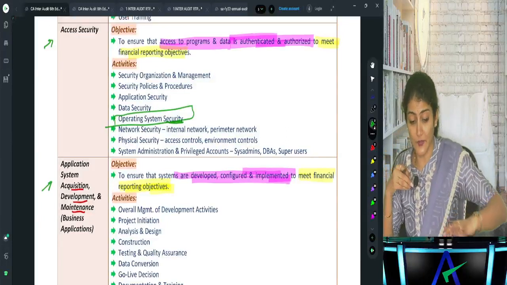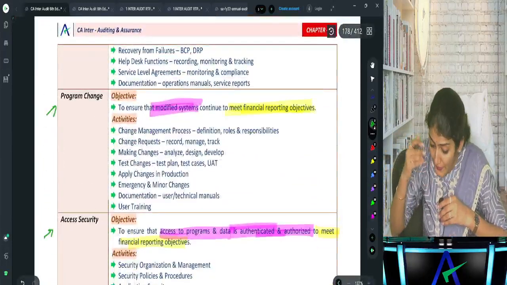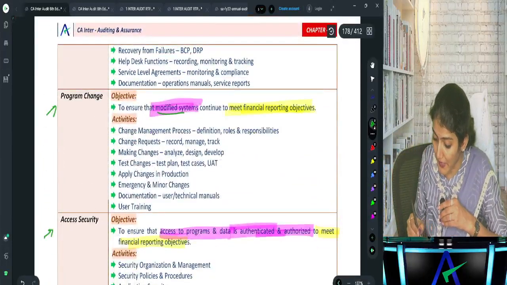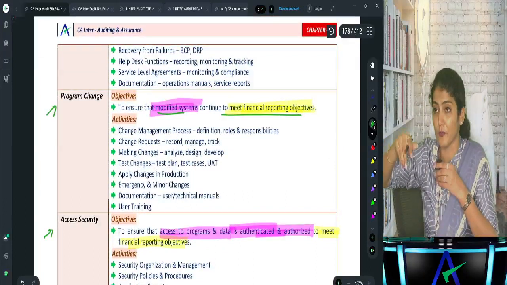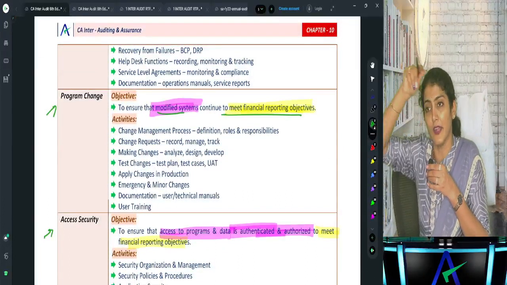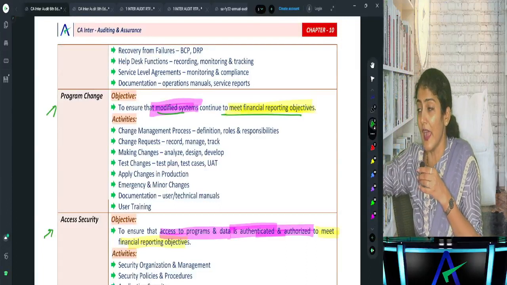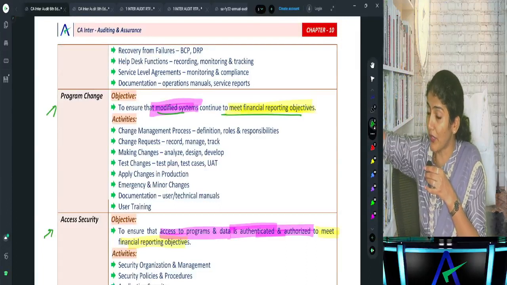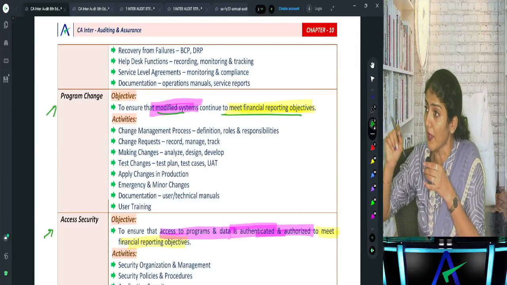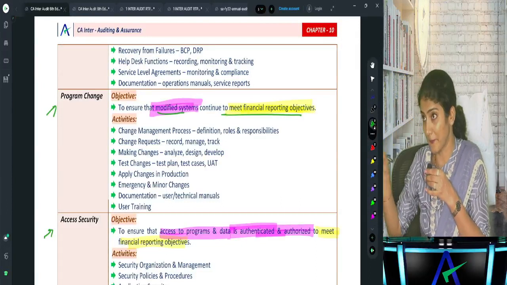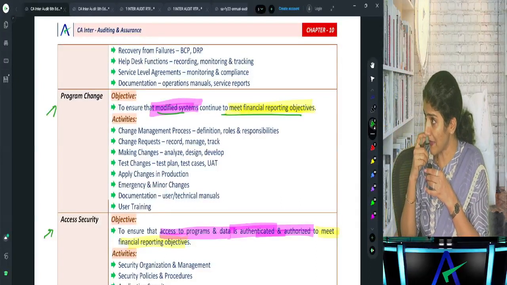Then another MCQ which they are making over here: to ensure that modified system continue to meet financial reporting objective, is the objective of data center network operation, program change, access security, or the application control. So again, modified system means they are talking about the program change control over there. Are you understanding the MCQs, everyone?